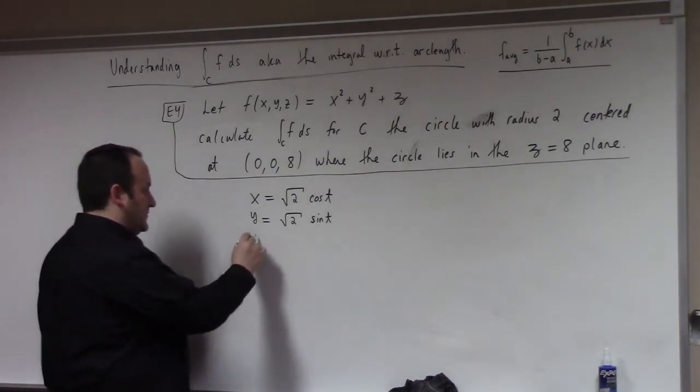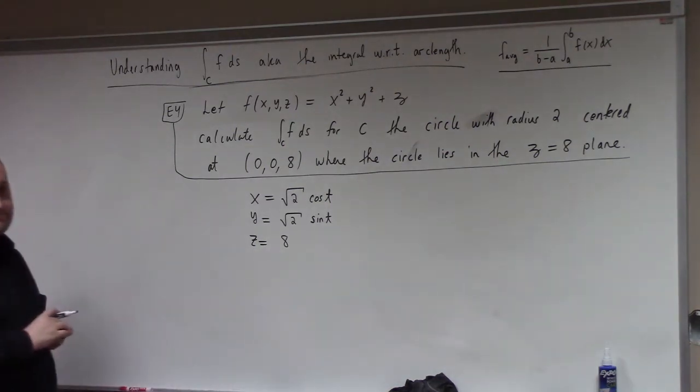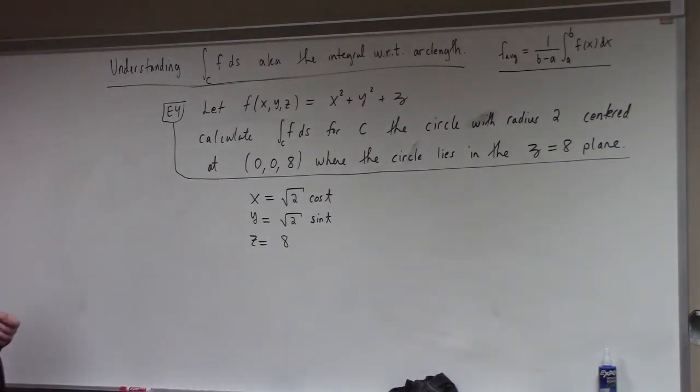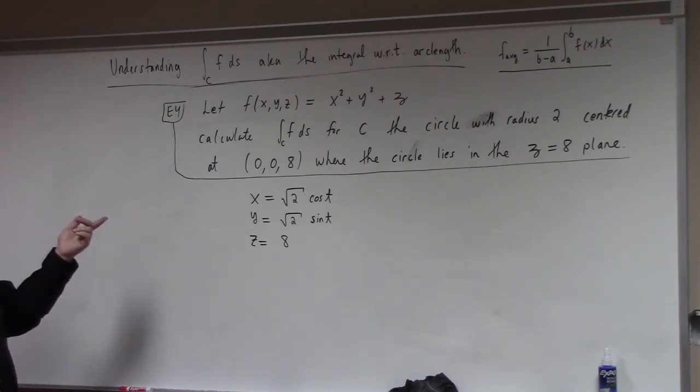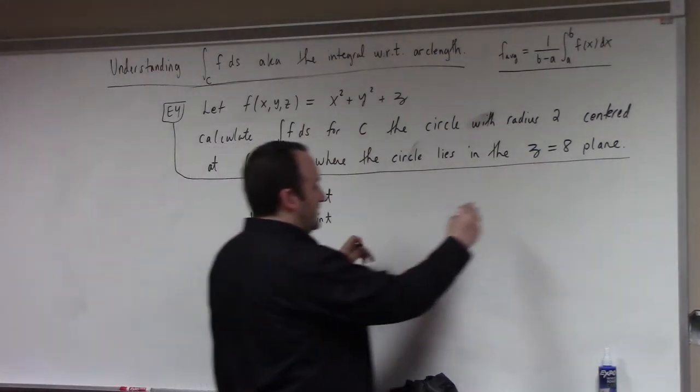Yeah, z equals to 8. That will give me a circle in the z equals 8 plane with, you can check it, right? X squared plus y squared equals to what? 2. Yeah.